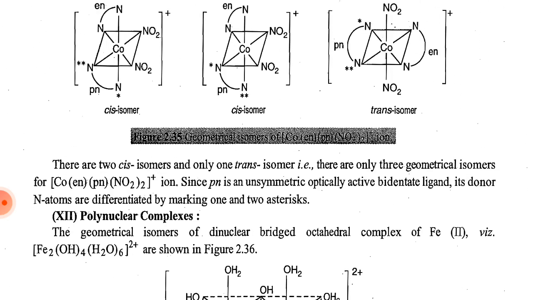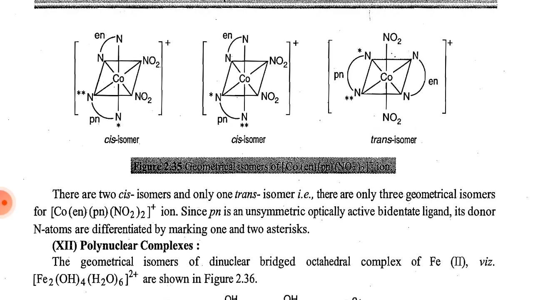There are two cis isomers and only one trans isomer. So in this complex, two cis isomers and one trans isomer are there. There are only three geometrical isomers of the [Co(en)(pn)(NO2)2] plus ion.